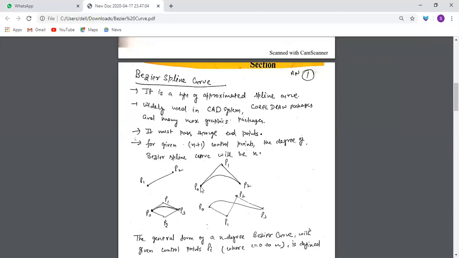So the actual curve is P0 to P2, and this curve is lying within this convex hull P0, P1 and P2.